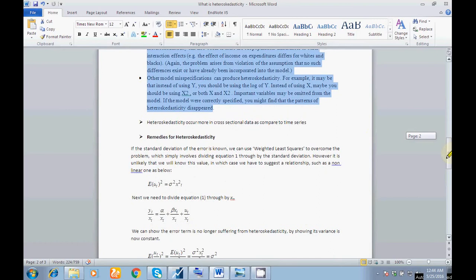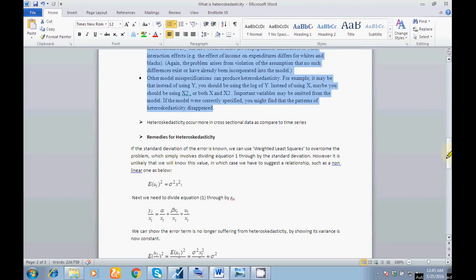Now a natural question arises: in which kind of data does the heteroskedasticity problem arise, like time series, panel data, cross-sectional data? It is observed that heteroskedasticity normally arises in cross-sectional data as compared to time series data.